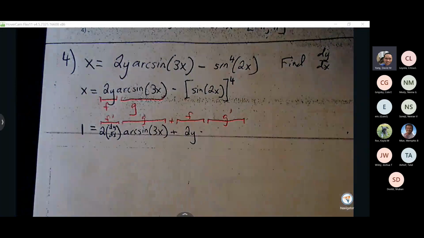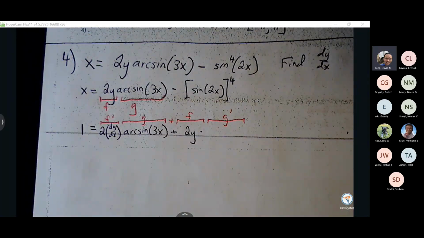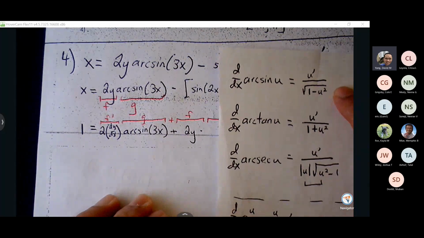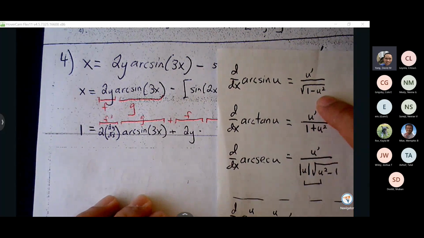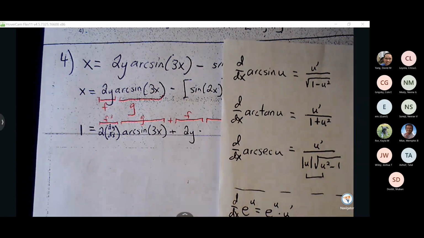Okay, arc sine 3x. We've got to recall these new derivative rules, right? There are 3 unique ones: the arc sine, arc tangent, arc secant. They all involve u prime. They all have 1. They all have u squared. We just have to know what order is involved. So arc sine is the one with square root in the denominator and 1 minus u squared.